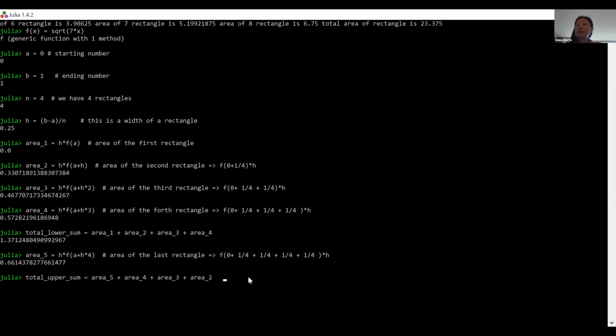That means looking from the right. So you count from the right: 1, 2, 3, 4, and then you're done. So you got 4 rectangles, 5, 4, 3, 2, 1, you're done. So that'll be your upper sum.